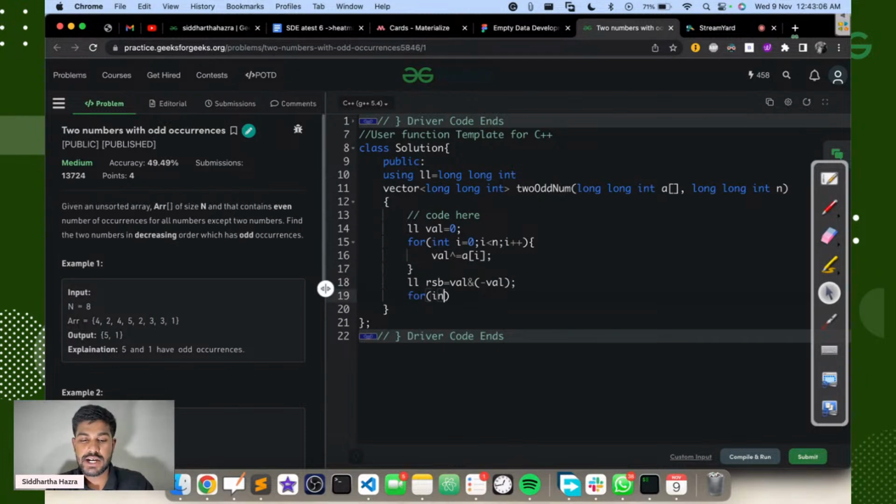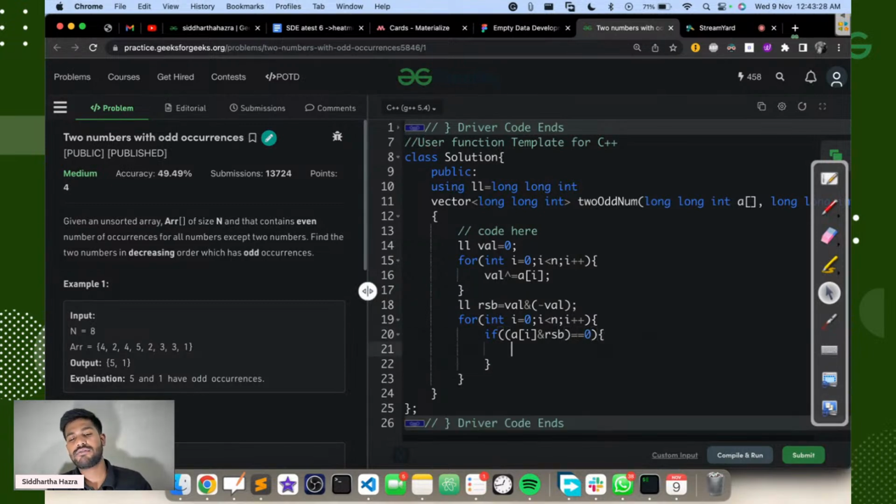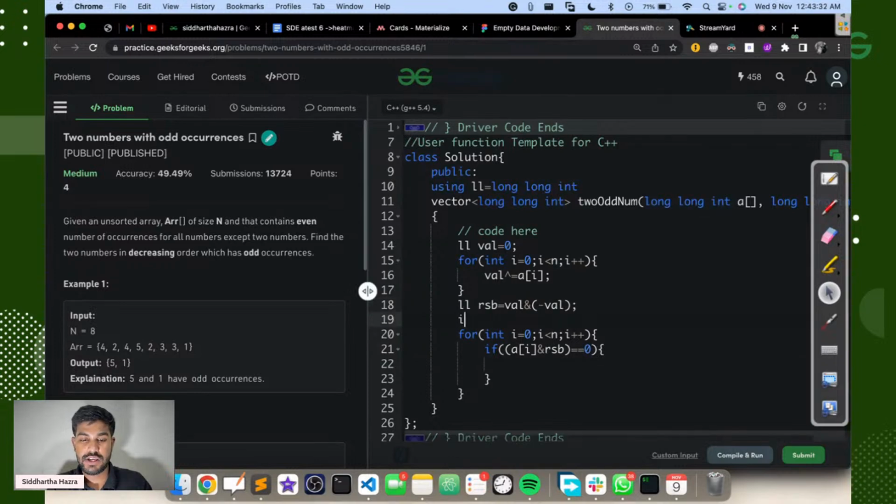Now we would start the iteration over all the elements. For int I equals 0, I less than n, I plus plus. Now we would check whether the current element, a of I, and RSB is equal to 0. So we would initialize x and y.